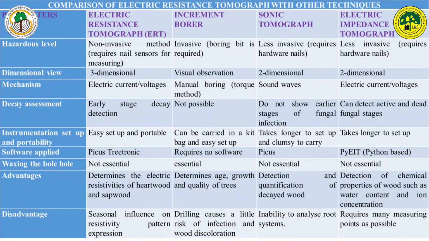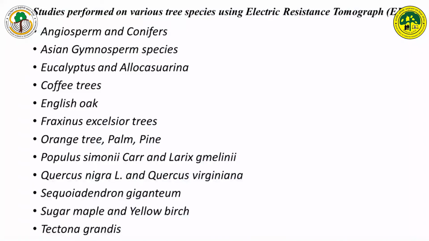Next, after looking into this advantage and disadvantage, meaning the comparison with other tomography equipments, we had a review of literature, and we have submitted a paper to Sensing and Imaging. It is almost at the stage of publishing. When we made the review of literature, the work has been done in many of these temperate species, conifers, pines.